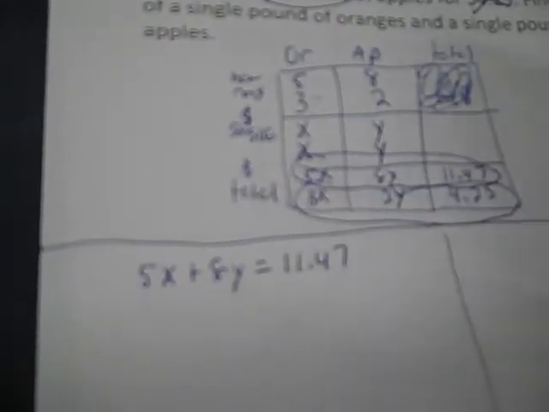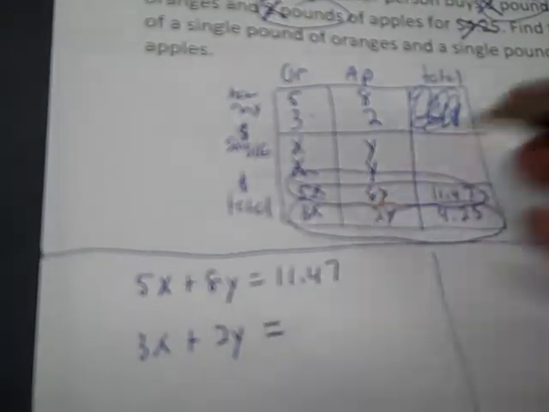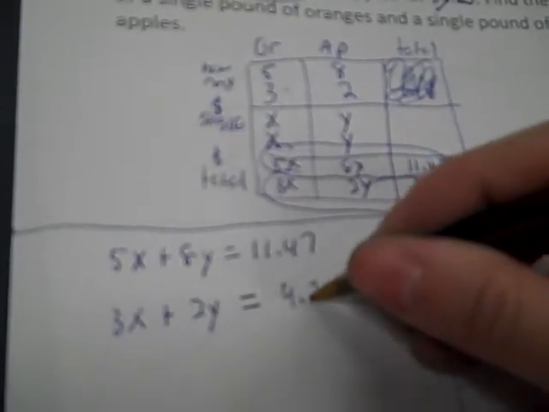Okay, so now, but again, I have 2 different letters, so we're going to have to make that chart. So I have 5x plus 8y equals 11.47. And I've got 3x plus 2y equals 4.25.